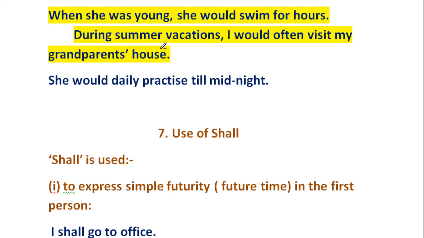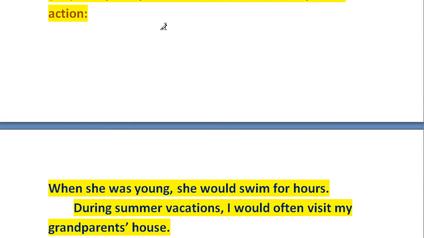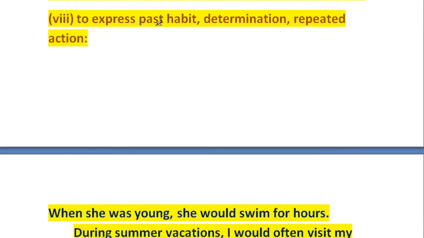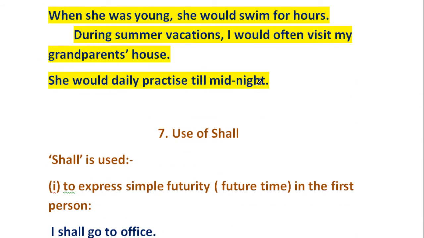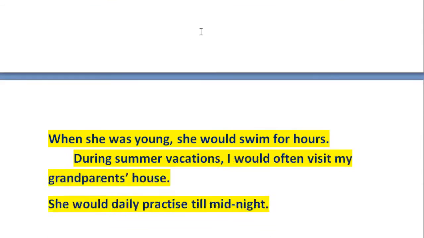This is a repeated action. The next sentence is: she would daily practice till midnight. This sentence expresses determination. So would is used to express past habit, determination, and repeated action.